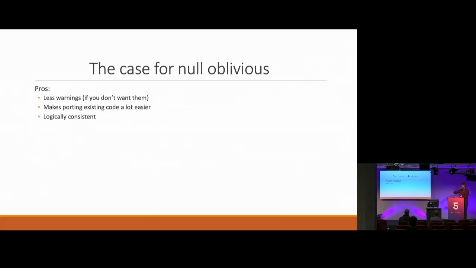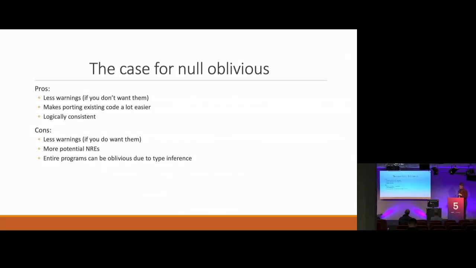I know how it works today. I will slowly piece away the problems with it. And if we go with null-oblivious semantics, we are consistent in the sense that if there's no indicator in the metadata, then we can't make an assumption, so it just is what it is. But the downside is, you do get fewer warnings, and you can get more potential null reference exceptions.